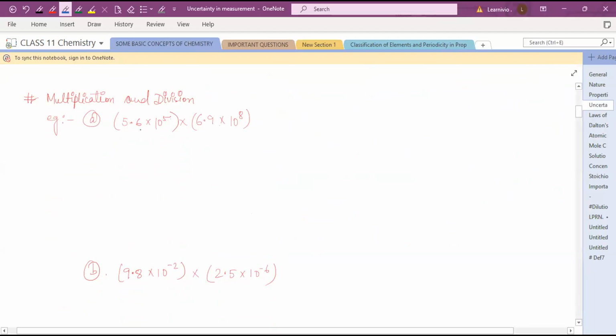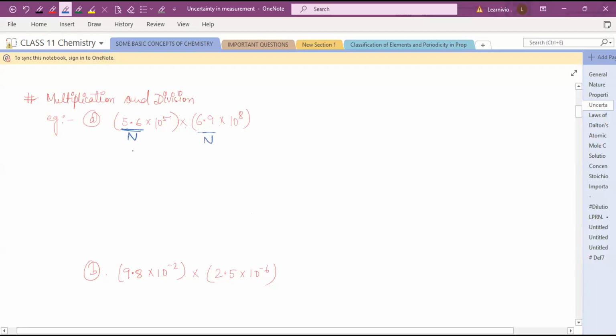So see, 5.6 into 10 raised to the power 5. This is one term, multiplied by 6.9 into 10 raised to the power 8, the second term, right? Now what are we supposed to do? This is your n term, this is again your n term, and this is your 10 raised to the power n, the exponential term.